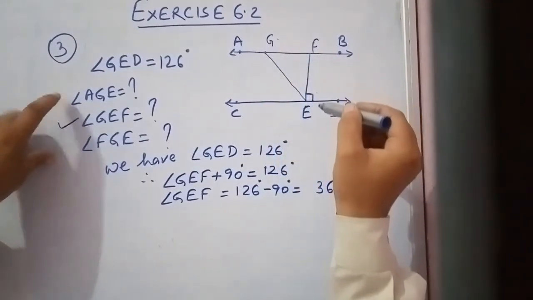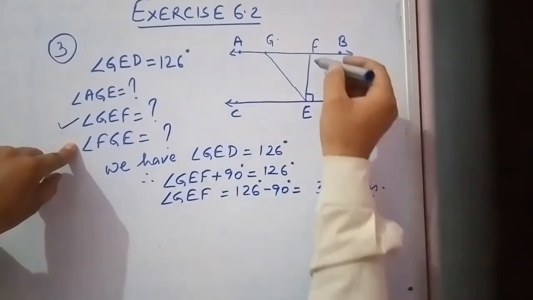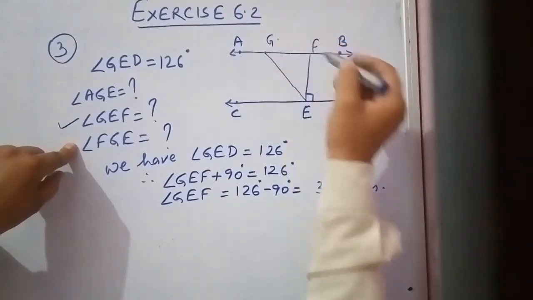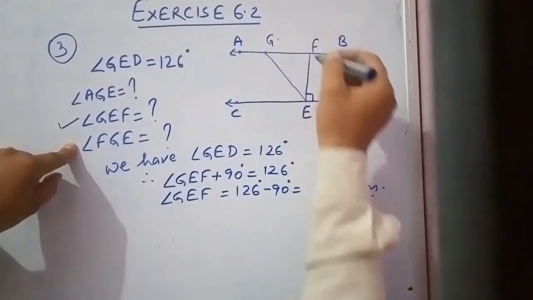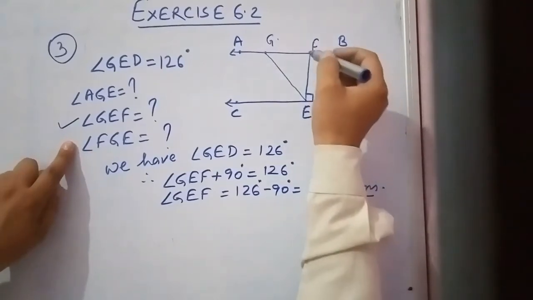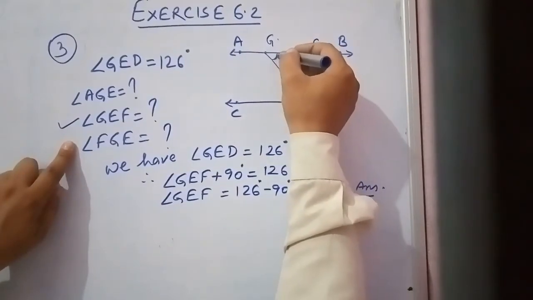Again, AGE and FGE. FGE means we have to find this angle.